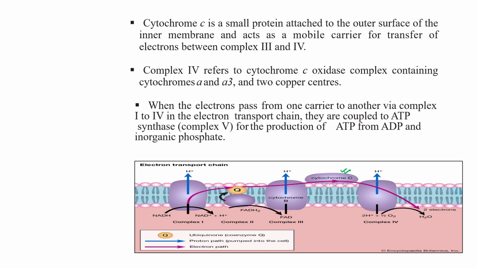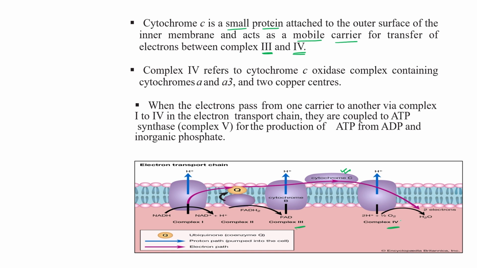So that's why it is written over here: this cytochrome C is a small protein attached to the outer surface of the inner membrane and acts as a mobile carrier for transfer of electrons between complex 3 and complex 4. This is complex 3 and this is complex 4. So this cytochrome C acts as a mobile carrier for the transfer of electrons from complex 3 to complex 4.